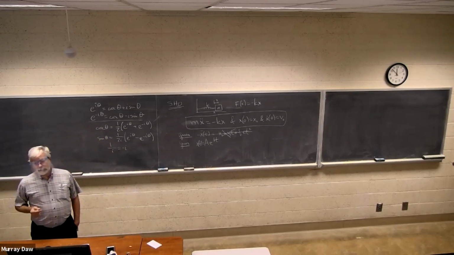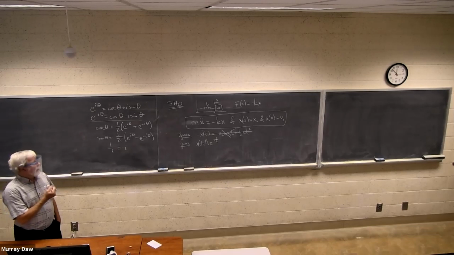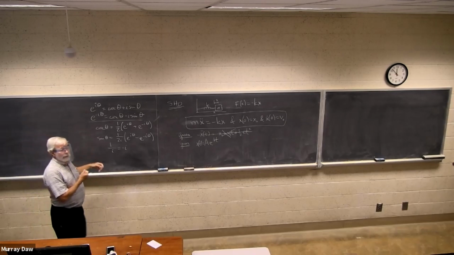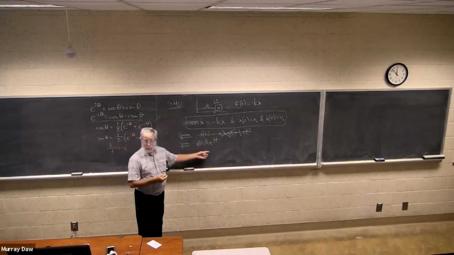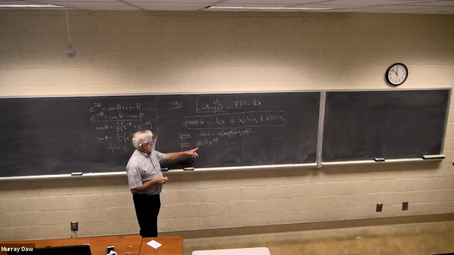Now, my guess is motivated by the fact that I know the solution, and I know this relationship. This is going to work out. We'll see what happens. This works. Let's see if we can prove it. I need to match the initial position and the initial velocity, right?